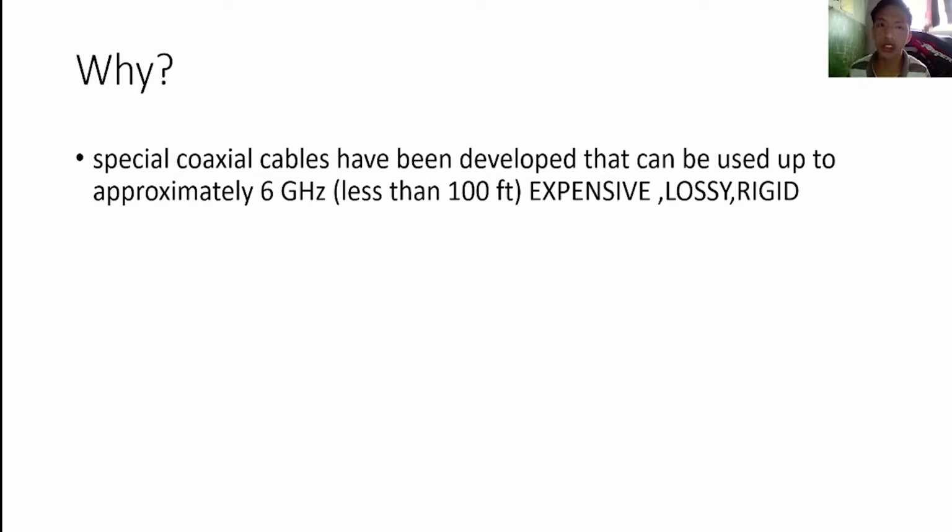But if you're transmitting a signal within 6 gigahertz, coaxial cable is not a desirable medium. It's also expensive, and due to the technology, in order to be used at this frequency, it also becomes rigid.